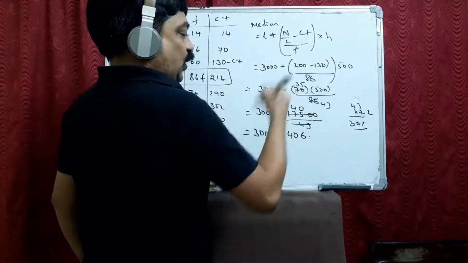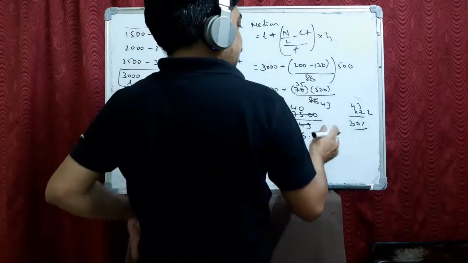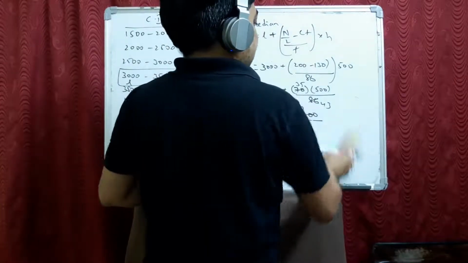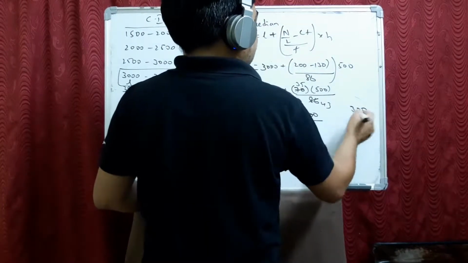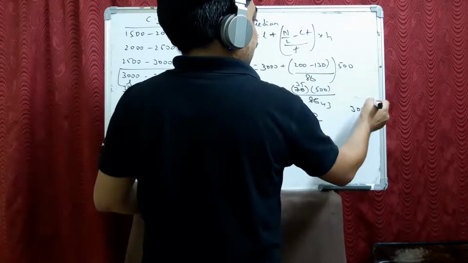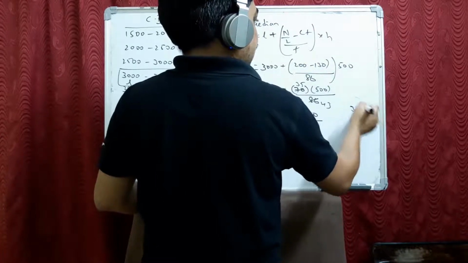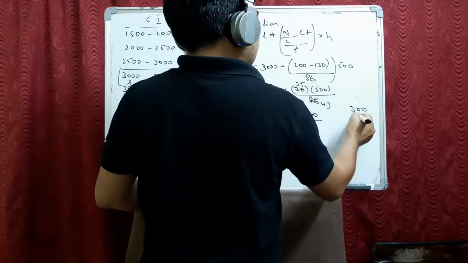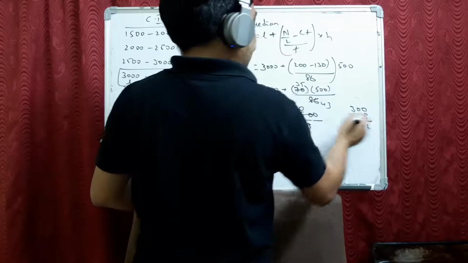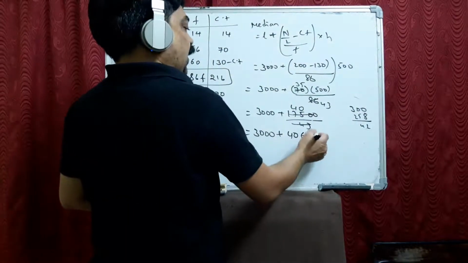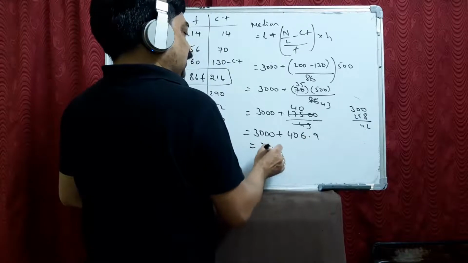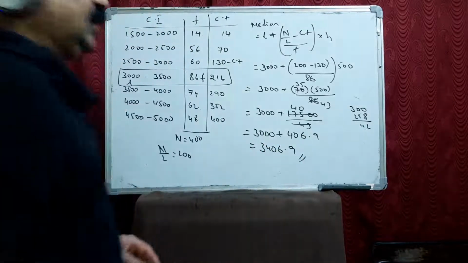So we take 6 point. 6 into 43 is 258. The remainder becomes 42, so 420. Approximately we take 9. So the median is 3040.69.